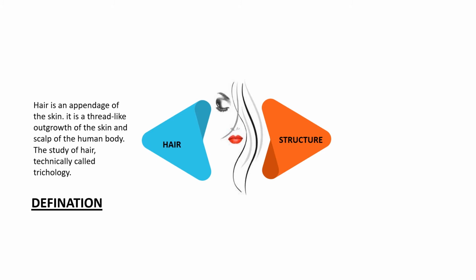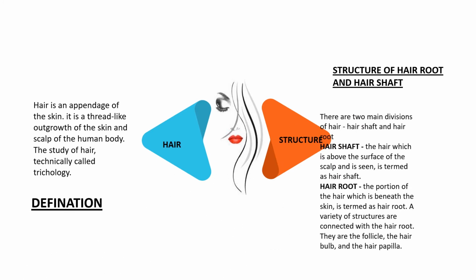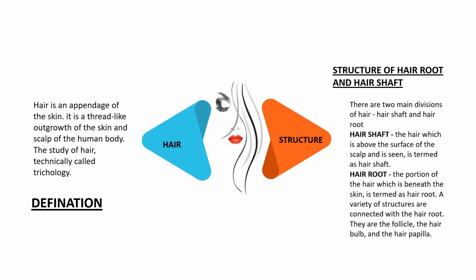Let's see what the structure of hair root and hair shaft is. Students, there are two main divisions: hair shaft and hair root. The hair which is above the surface of the scalp and is seen is termed the hair shaft.